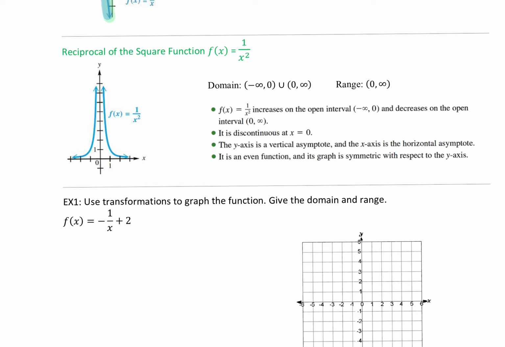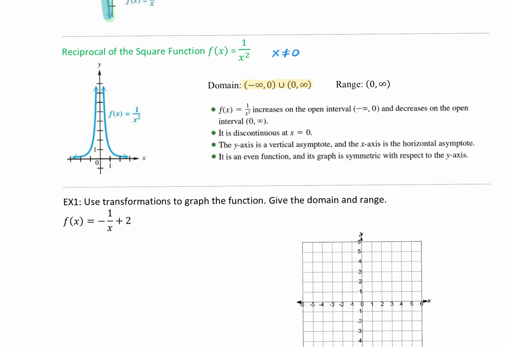It'll always be positive, or it'll be 0, which it cannot be because then we'll get 1 over 0, which is undefined. So we can't have an x value of 0. That leads to a domain that is broken up from negative infinity to 0, union 0 to positive infinity, similar as with the reciprocal function.